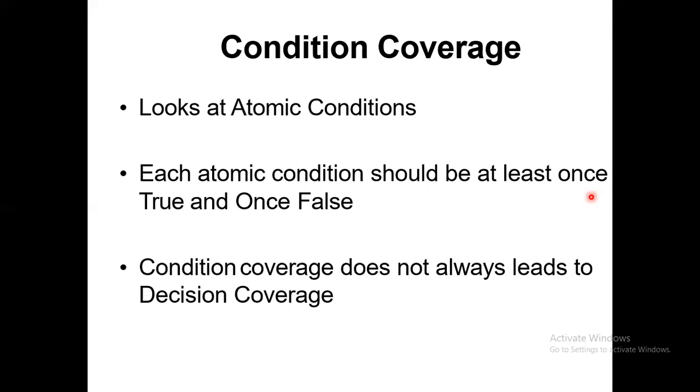In here, rather than looking at the entire decision logic, we go to small conditions, the atomic conditions, right? These atomic conditions should be at least once true and once false. And when you are doing this condition coverage, you will realize that condition coverage will not always lead to decision coverage, right?